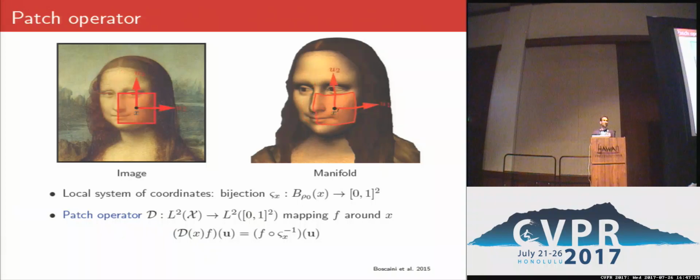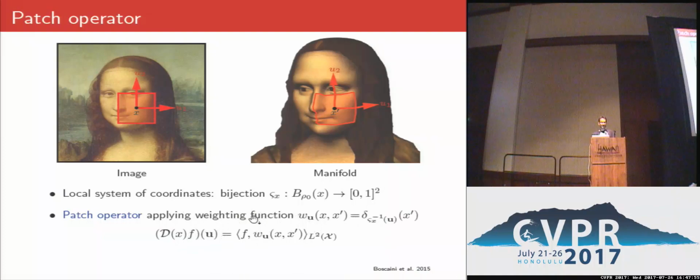In the image, the very way that the patch is extracted is position independent because of shift invariance of the underlying space. Here it is position dependent. The extraction of the patch at point x and x prime will be different. A different way of thinking of the patch operator is by applying some weighting function to the function that lives on the manifold around the point, basically representing the local system of coordinates as local averages of the function.